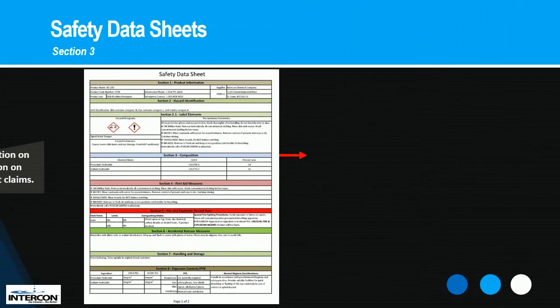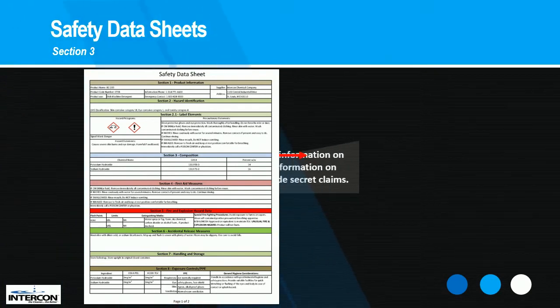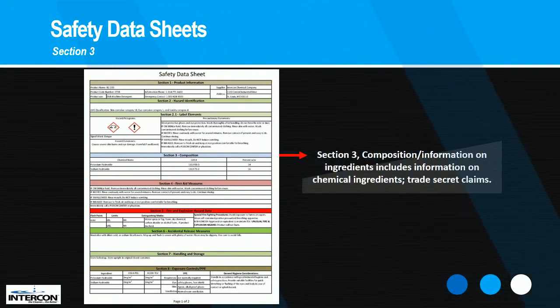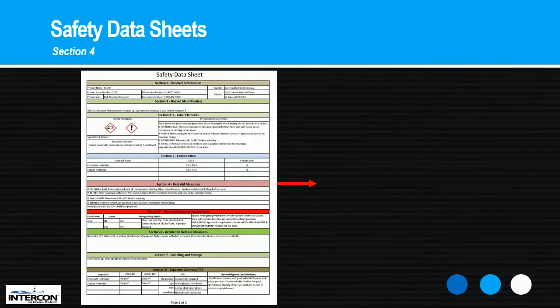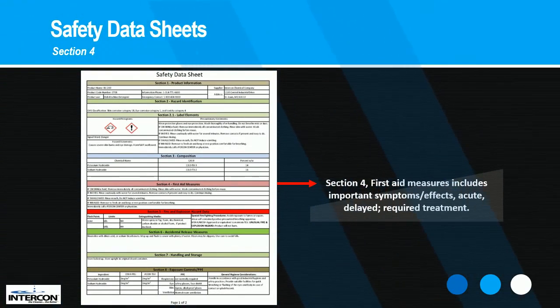Section 3. Composition information on ingredients includes information on chemical ingredients, trade secret claims. Section 4. First aid measures includes important symptoms, effects, acute, delayed, required treatment.